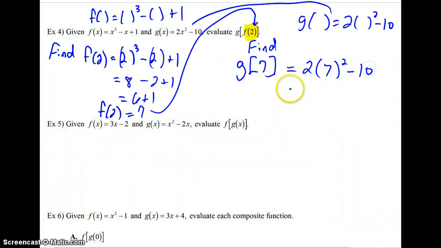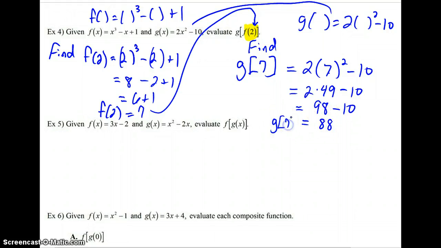By the way, the calculator can work this out. 7 squared, of course, is 49. 2 times 49 is actually 98. 98 minus 10 is 88. That's what g of 7 is. G of 7 is notation. It has nothing to do with saying g is multiplied to 7. Please don't feel like you would divide both sides by 7 right now. Your final answer is just 88.